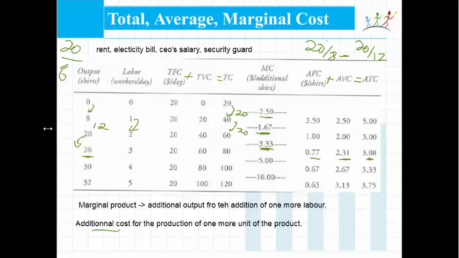Average total cost is the sum of the two, or you can do 80 divided by 26, which comes out to be 3.08. Now see that the average variable cost and the average total cost have started to move up, and as we will see, they will continue to move up.